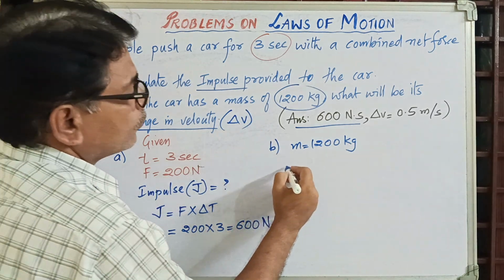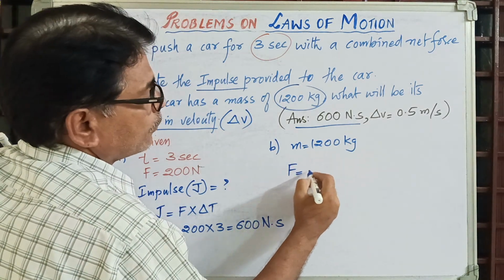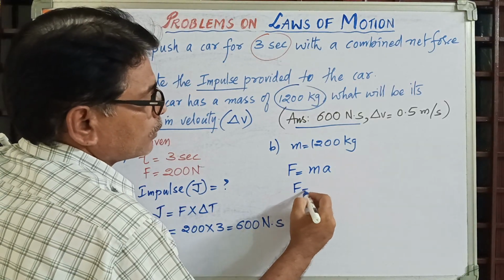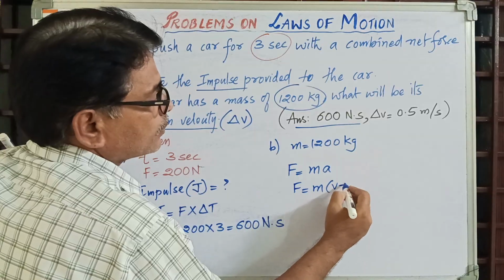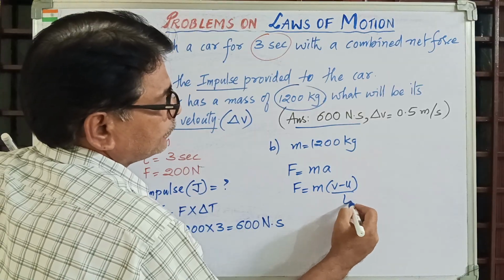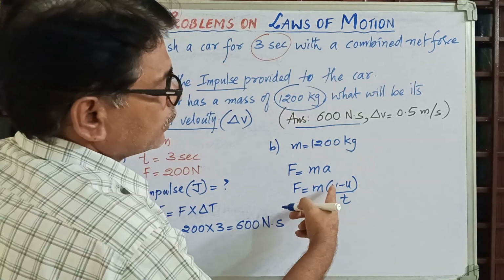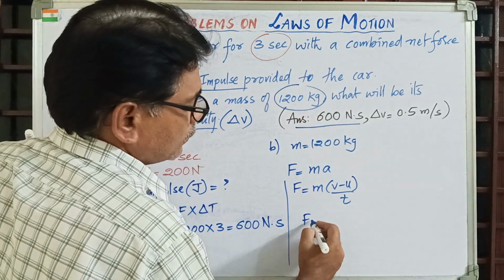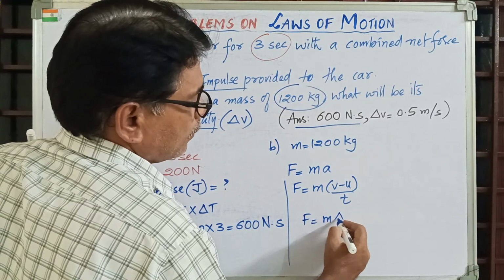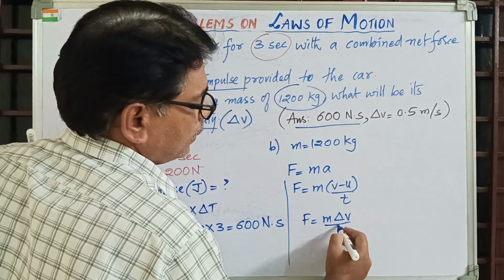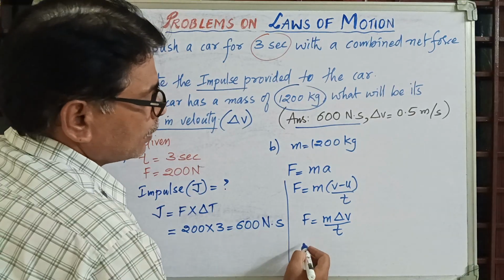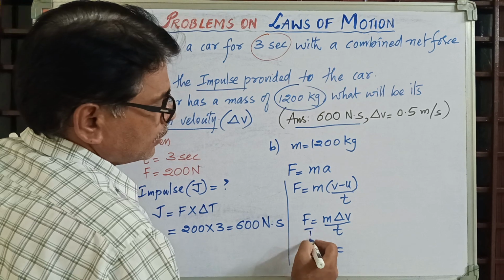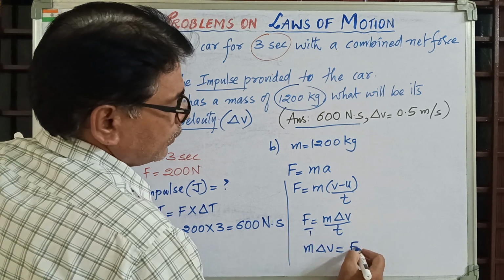The formula, Newton's second law, F is equal to ma, or F is equal to m (v minus u) by t. What do you understand by v minus u? Change in velocity. Therefore F is equal to m delta v by t. Cross multiply: m delta v is equal to F into t.